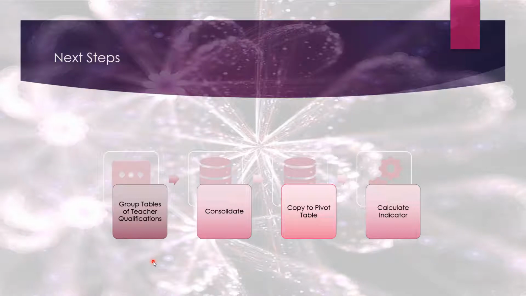These are the steps in calculating teacher qualifications for the private schools. So the first thing that you have to do is to take the individual tables of teacher qualifications and group them together into a single spreadsheet.